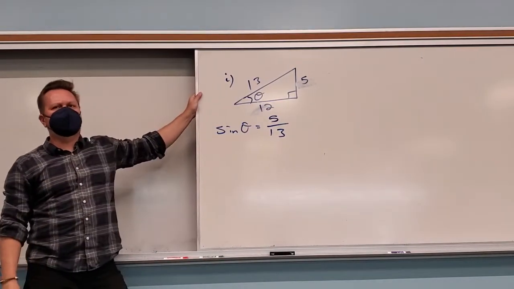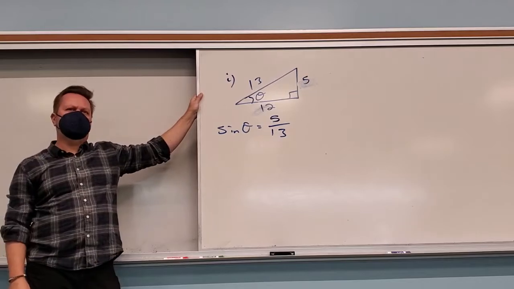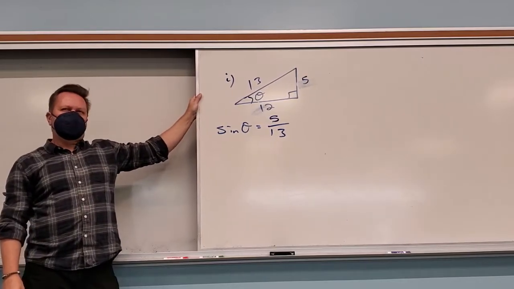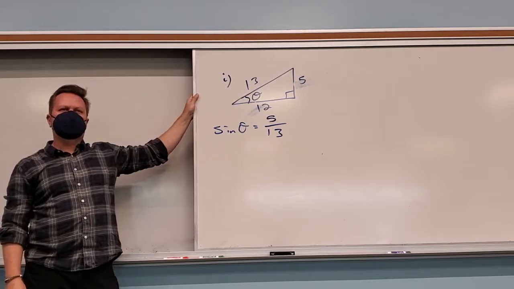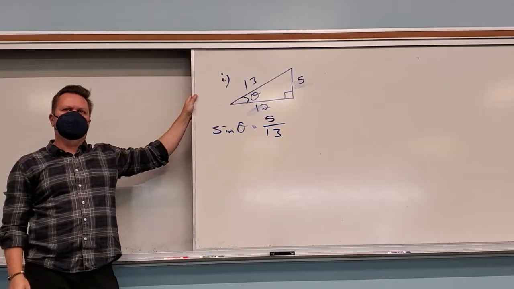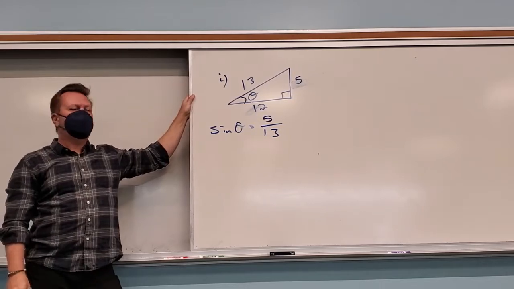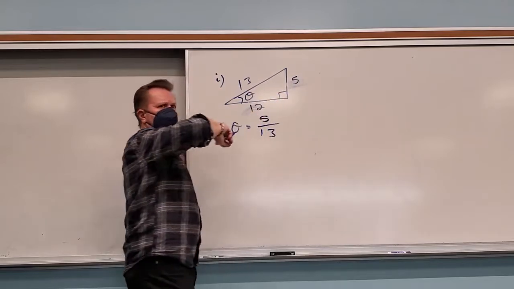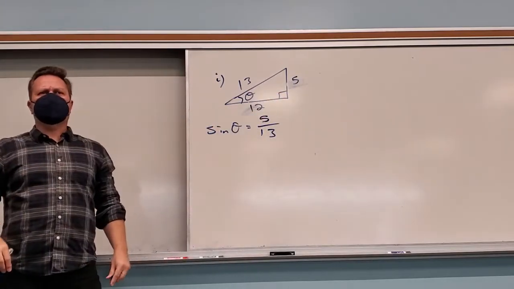This is a little bit of a weird question. What's the biggest sine output can be? It's always how big this side is to how big this side is, right? Can it be bigger than 1?